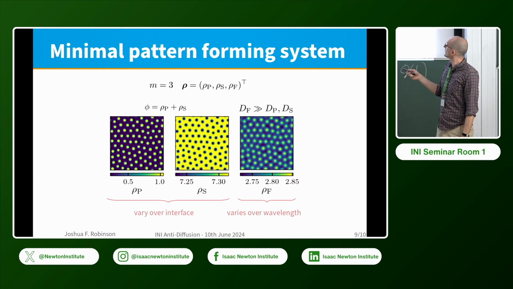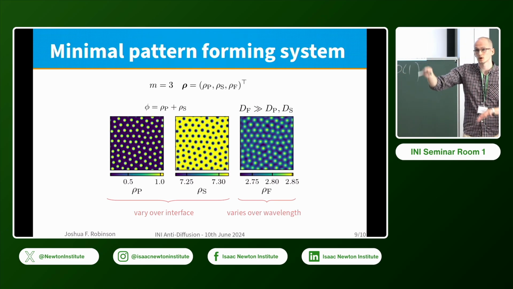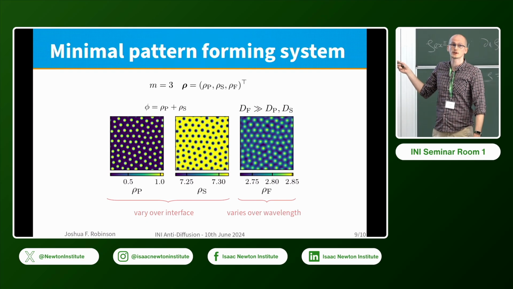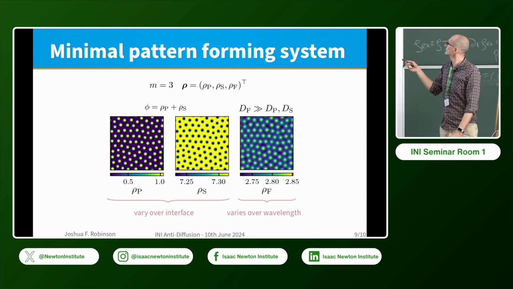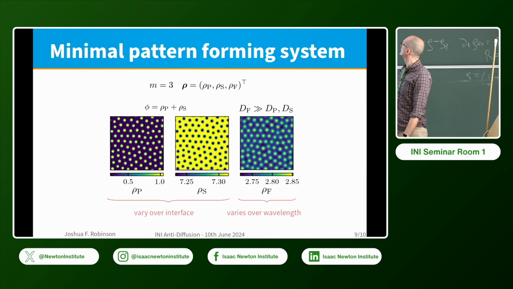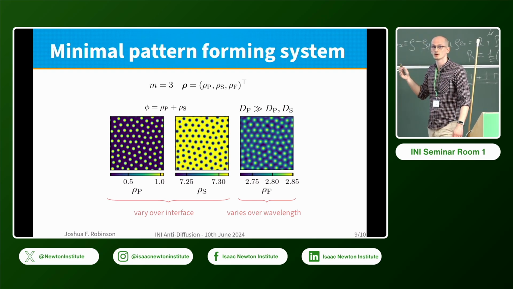So in this case, I have something similar to the two-component system I showed at the beginning with a quartic effective free energy, meaning they vary only over the interface. But I have a third component that couples with these two, where it's almost sinusoidal. It varies on a much longer length scale.